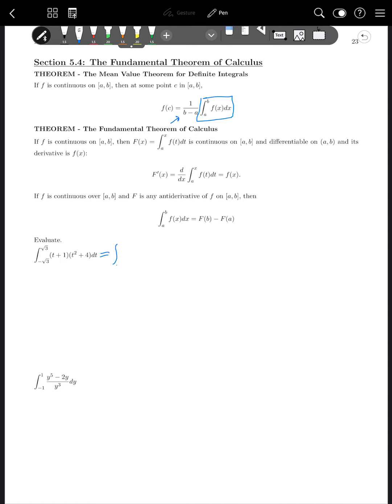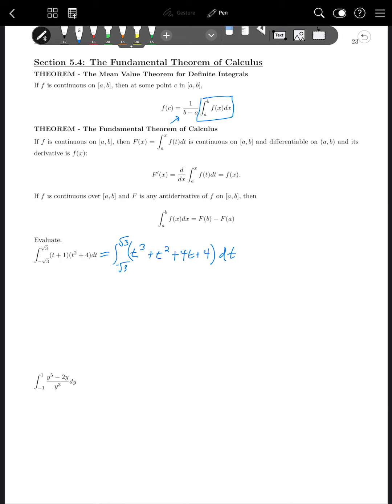So this will be the definite integral from negative square root of 3 to square root of 3, and then I'll multiply t plus 1 times t squared plus 4, so that's t cubed plus t squared plus 4t plus 4 dt. And now we want to find the antiderivative of this function.